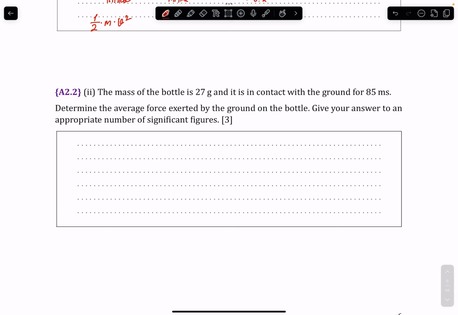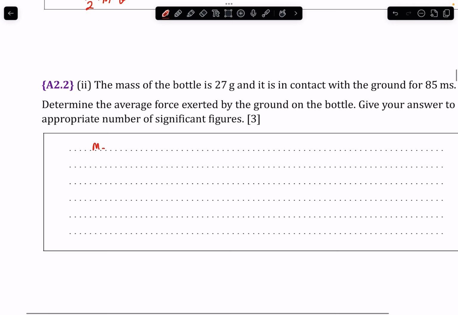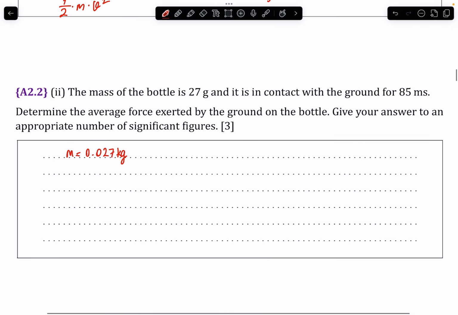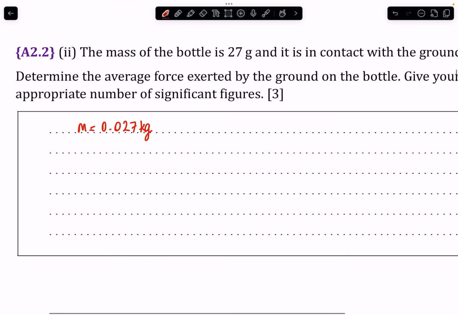The mass of the bottle is 27 grams, so it means that 0.027 kilograms is the mass of the bottle, and it is in contact with the ground for 85 milliseconds, which also means 85 times 10 to the power of negative 3 seconds.